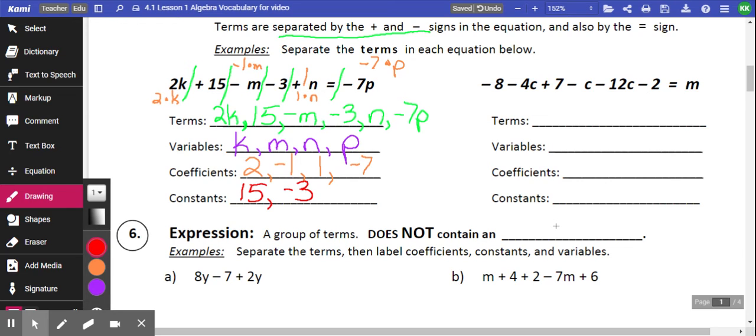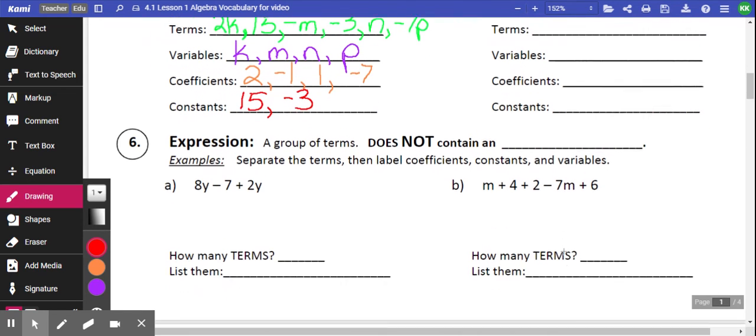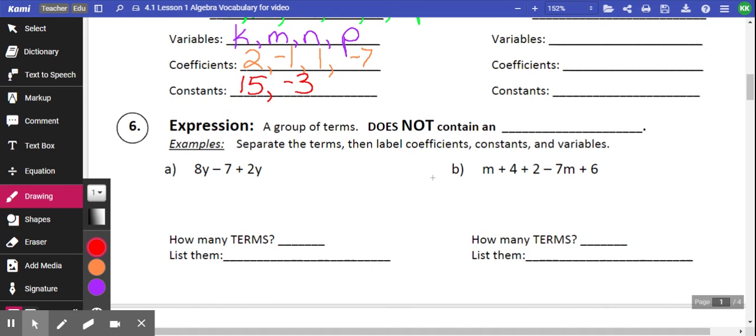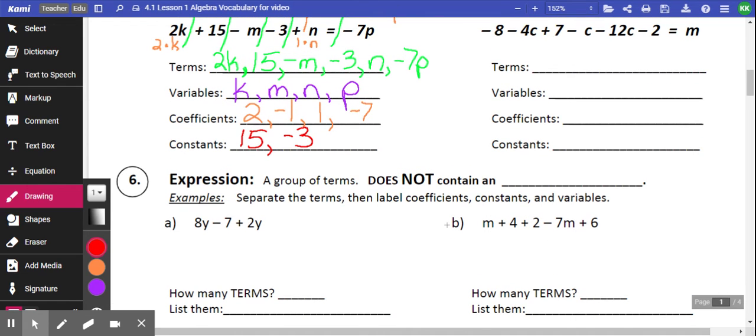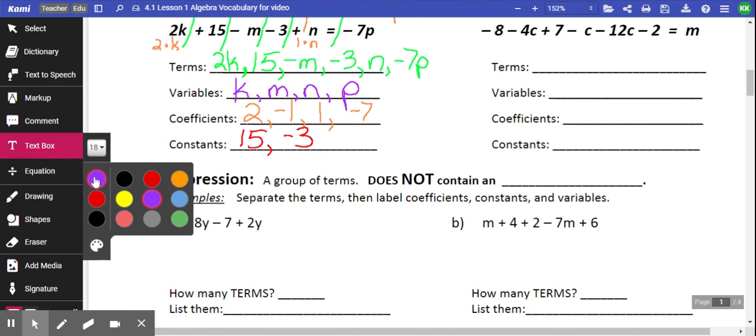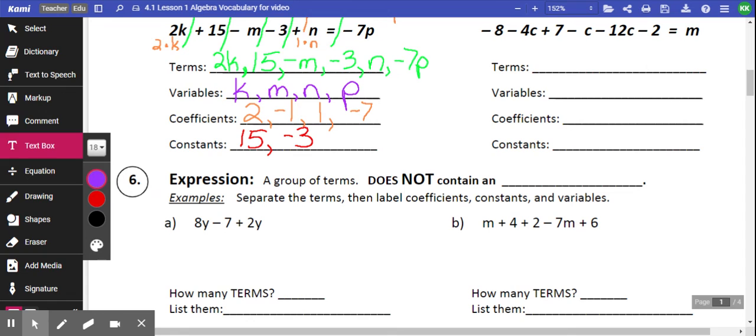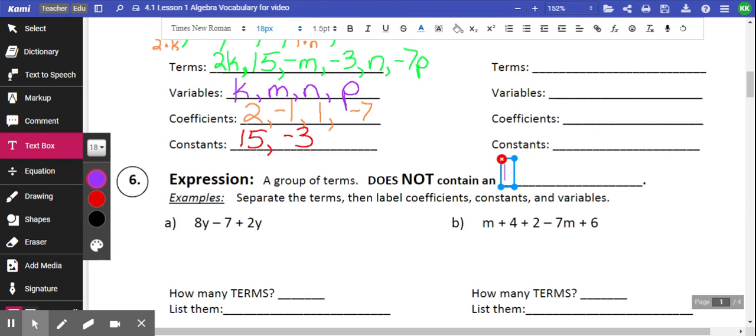Now we're going to fill in one more vocabulary word, and you're going to try this example, and you're going to try example A and B at the bottom. Number 6, the vocabulary word is expression. An expression is a group of terms that does not have an equal sign.